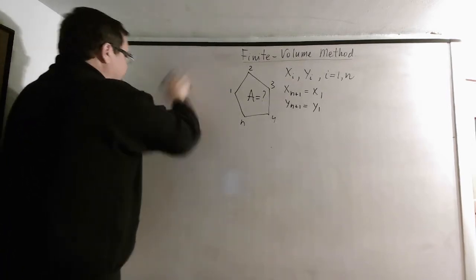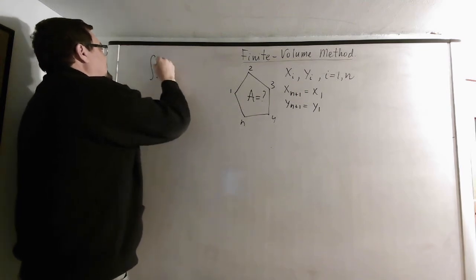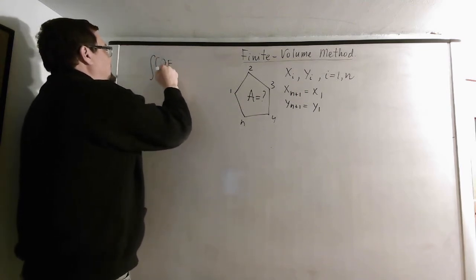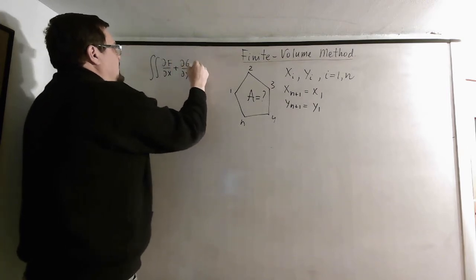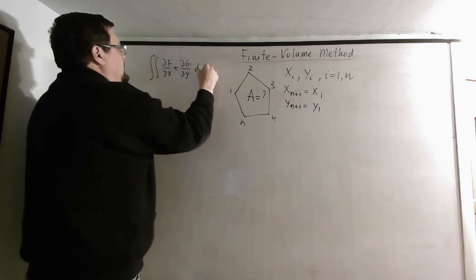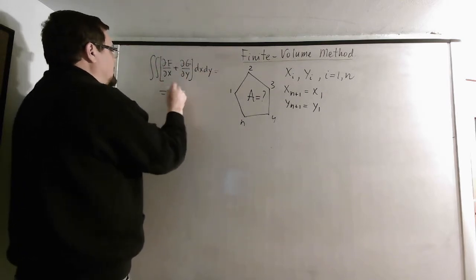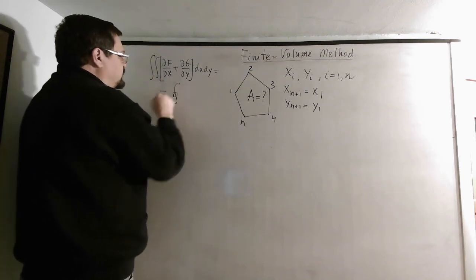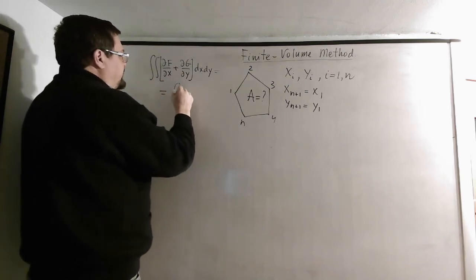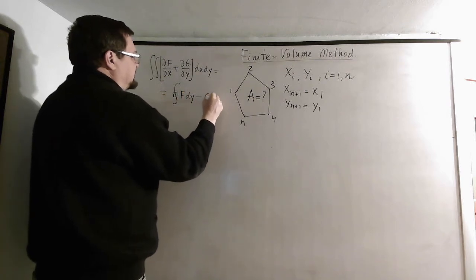Let's write Green's theorem again: the double integral of df/dx plus dg/dy, dx dy, equals the contour integral of f dy minus g dx.